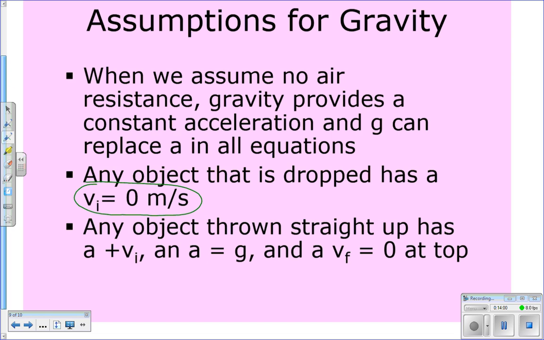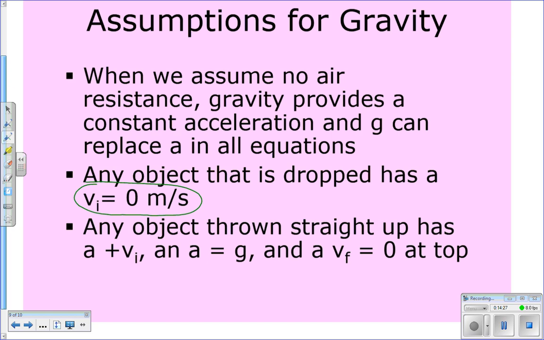So the acceleration can be replaced by the acceleration due to gravity, which is negative 10. And its initial velocity is going to be 0 meters per second. Because if you're holding it just up in the air, it's not moving. The very instant that your fingers let go of it, it's still not moving, and then gravity takes over very quickly and starts to pull it downward. So its initial velocity is 0.